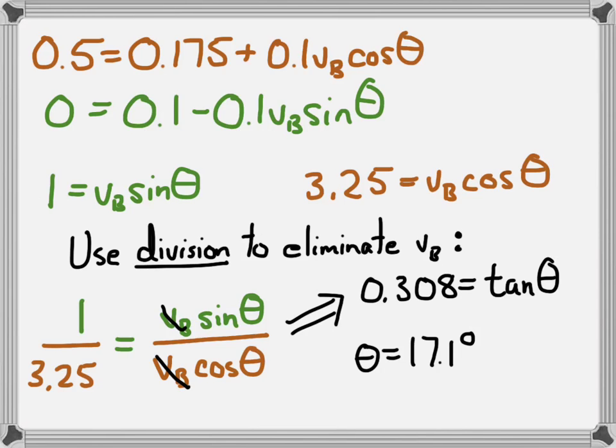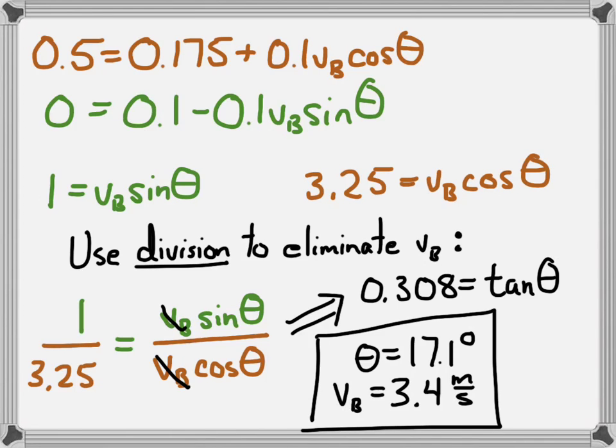And now I can plug this angle into either of these equations. I chose to use this equation because it looked more straightforward. And when I did that, I found out that VB has to equal 3.4 meters per second. So those are the 2 unknowns that we were being asked for, and it looks like that's the solution to this problem.